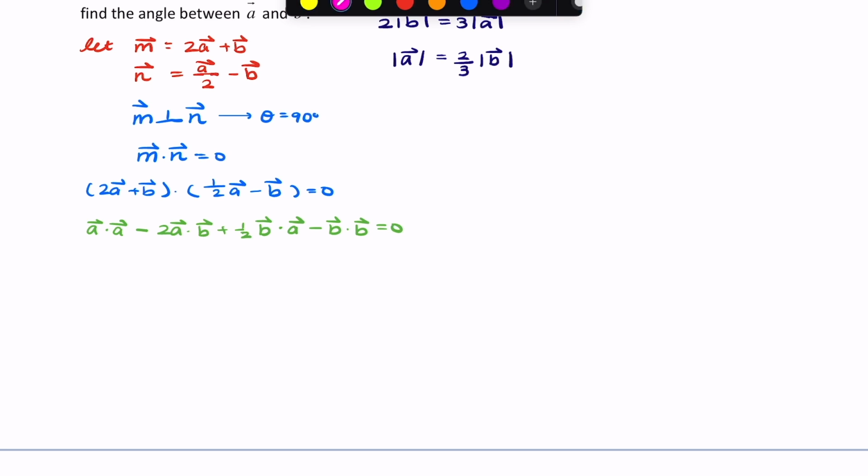So here, again, we're going to put together negative 2 vector A times vector B plus 1/2 vector B times vector A. And so here we have vector A squared minus 3 over 2 vector A times vector B minus vector B squared.